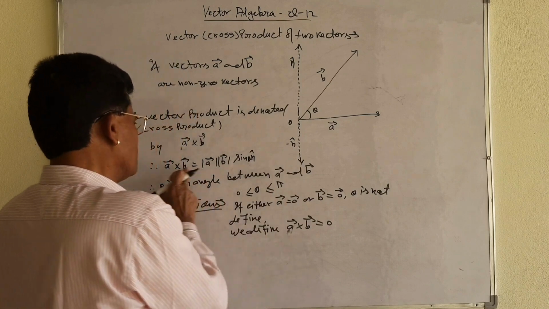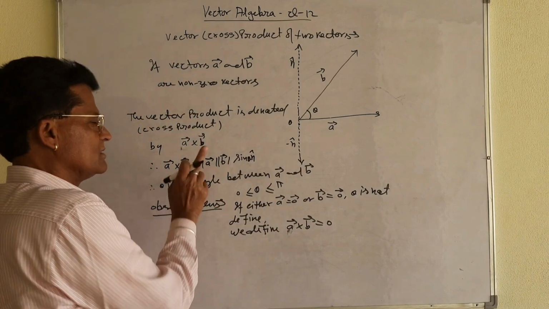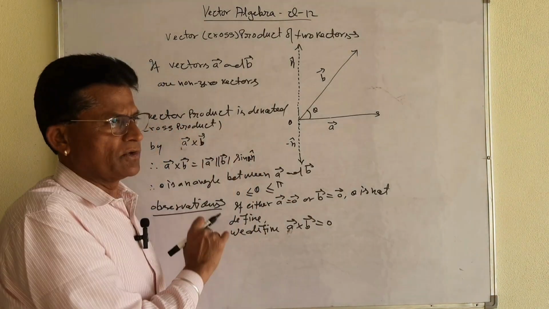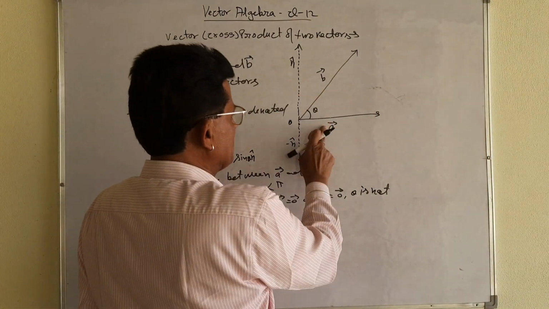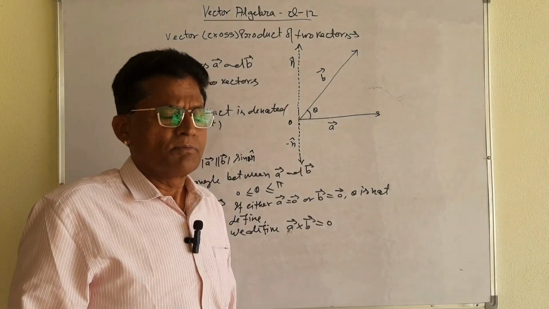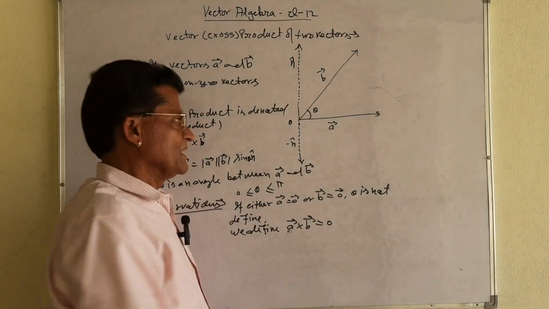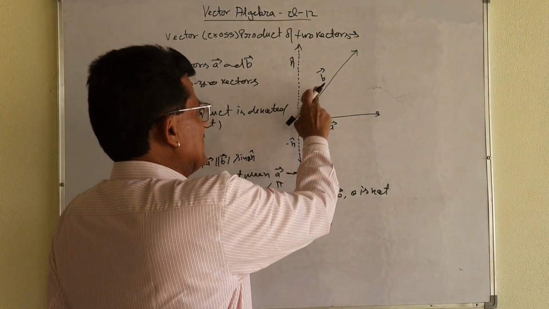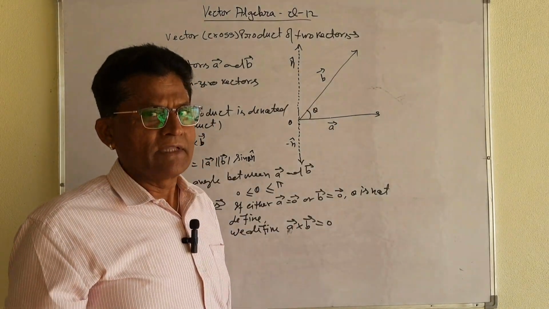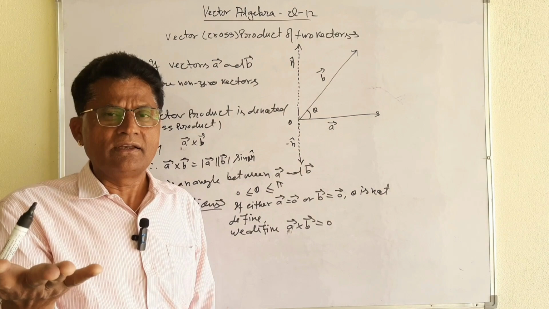Either vector A is 0 or B is 0, and the magnitude of the 0 vector will be 0. That is why the right hand side will be 0. If either vector A is 0 or B is 0, then theta will not be defined. It is very difficult to define the angle.